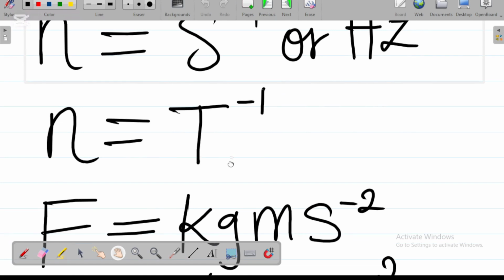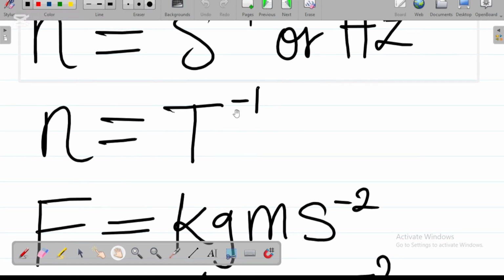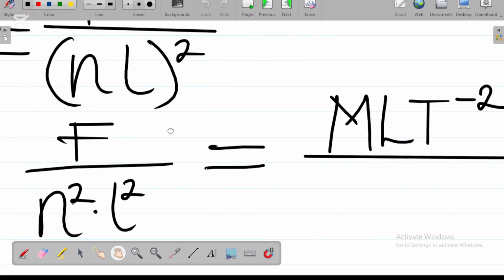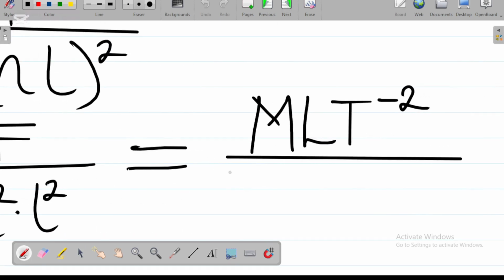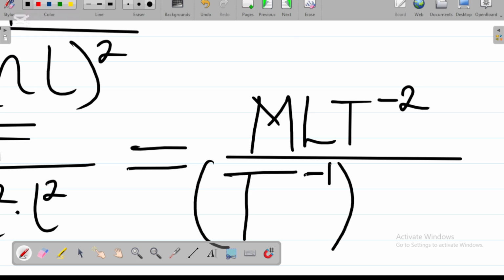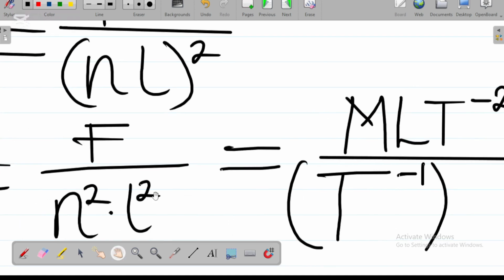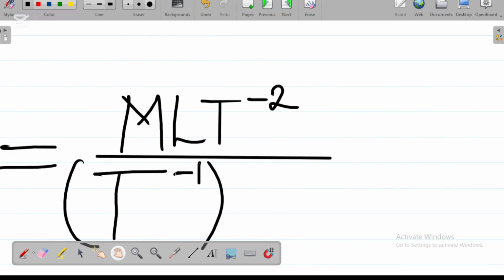The dimension of N is T raised to power negative 1. And remember that N is raised to power 2 here, so we write raised to power 2.